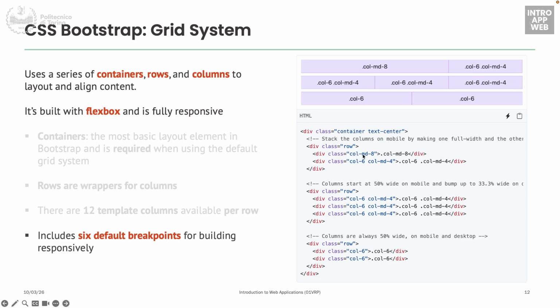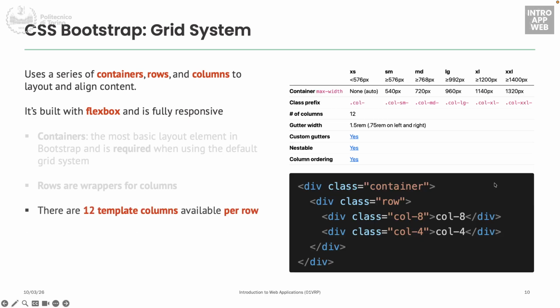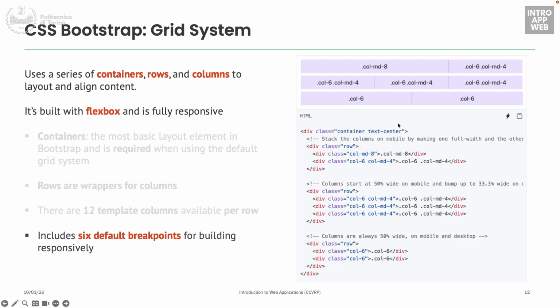This column, when opened from a medium size screen, meaning a screen that has more than 768 pixels and less than 992 pixels, will occupy 8 columns, okay? And then if I open this one from a medium screen, it will occupy 4 columns, okay?